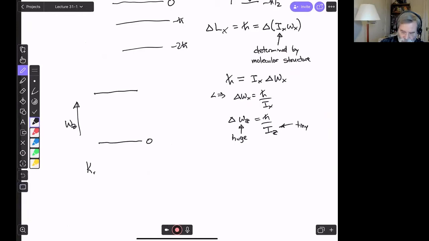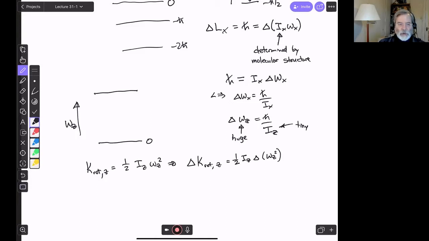The kinetic energy of rotations about the z-axis is 1/2 I sub z omega sub z squared. So the spacing between them, the change in the rotational kinetic energy about the z-axis. Again, I sub z and 1/2 are constant, so I can pull those out. So it'd be 1/2 I_z times the spacing of the quantity omega z squared.